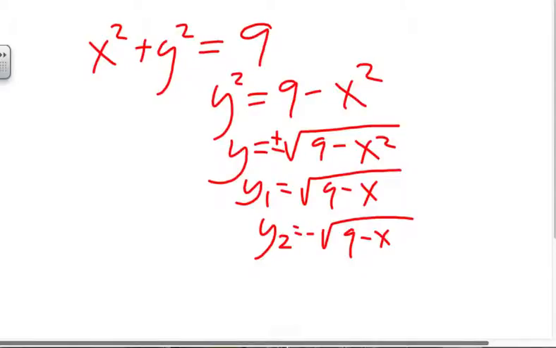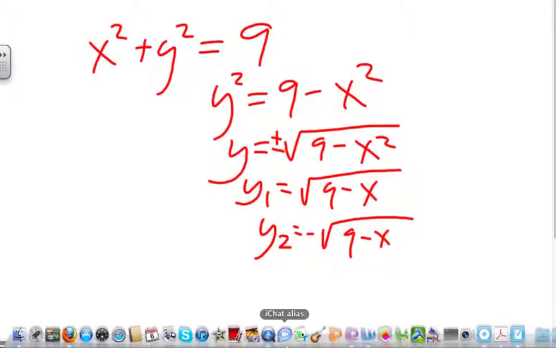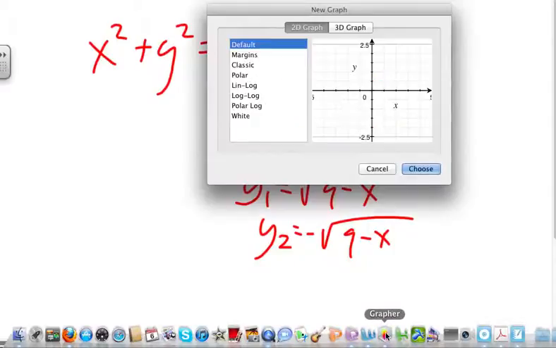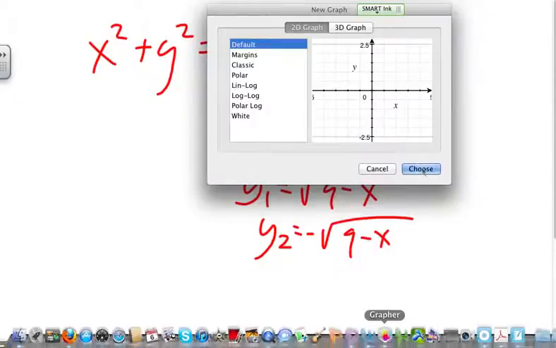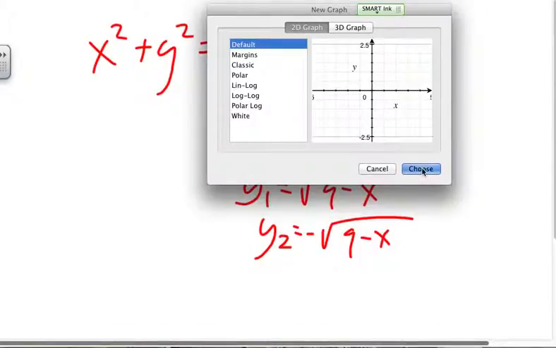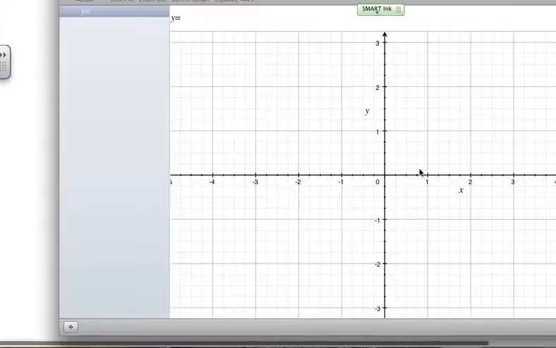However, if you come back in and take a look at Grapher, which would be in your application section, I would strongly recommend you put Grapher up in your doc.